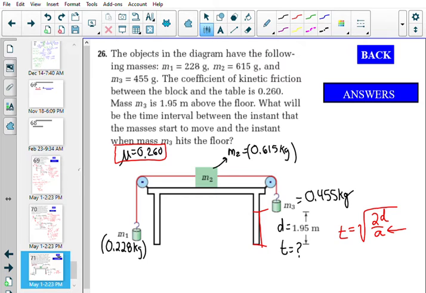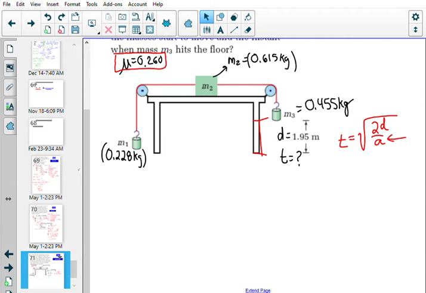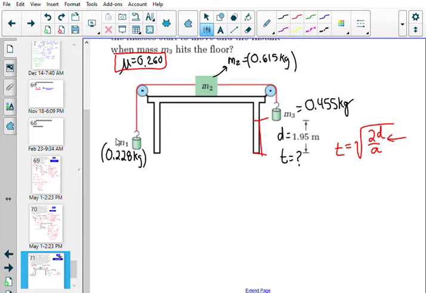Alright, so I'm going to draw a lot of forces. We're going to do an F net before we come back to this. So what do we have? I'll switch colors. We have Fg1. We have Fg3. Those two are pulling on the rope.